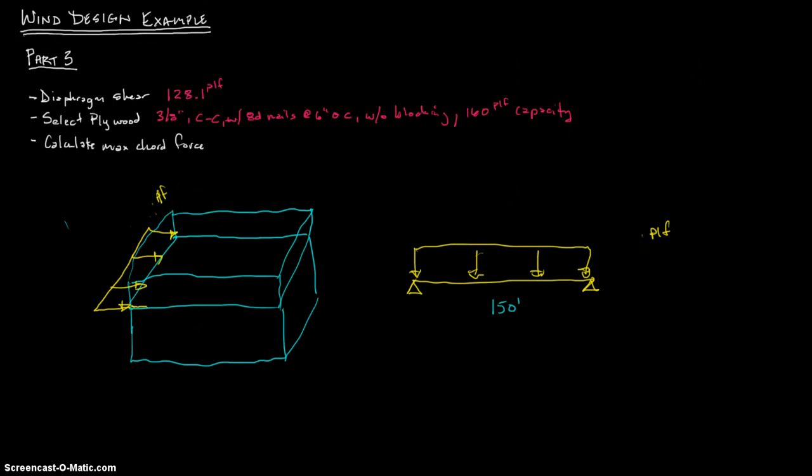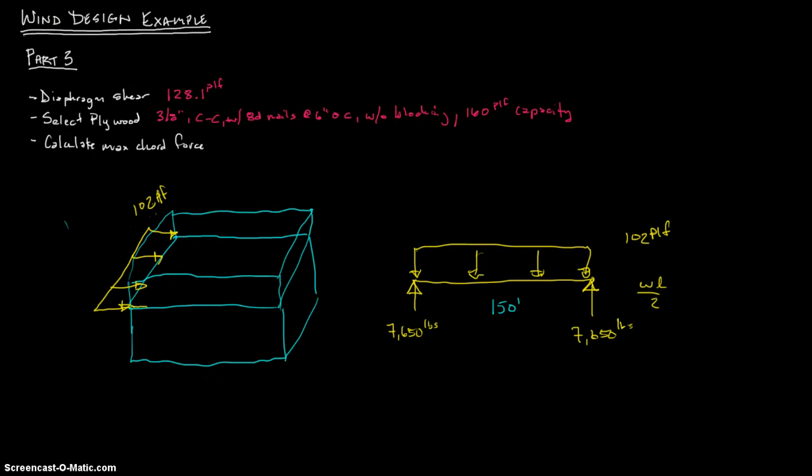This is actually 102 pounds per foot, 102 PLF. Now to get these reactions, it is wL over 2. So that's 102 times 150 divided by 2. We get 7650 pounds.